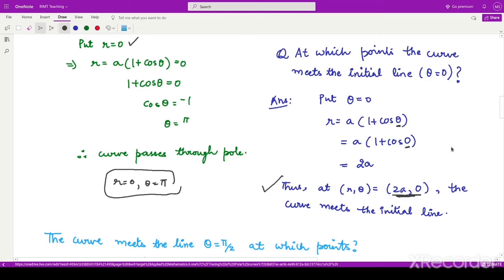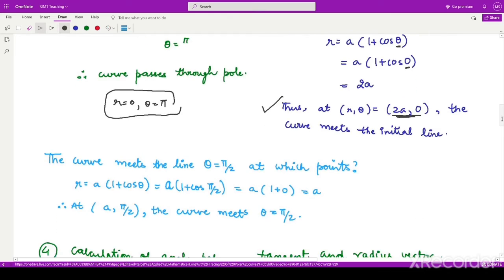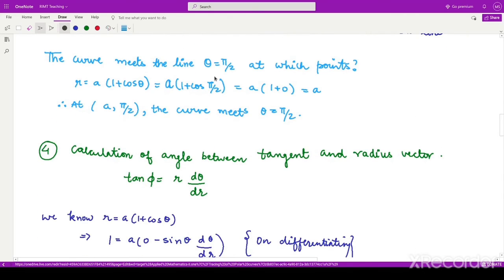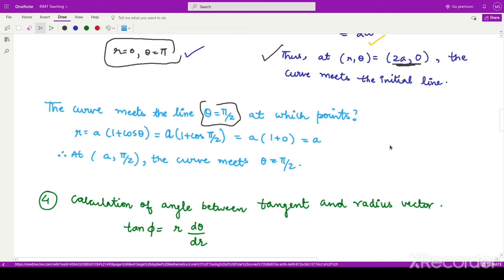Right. Next, we will check at which points the curve meets the line theta is equal to pi by 2.